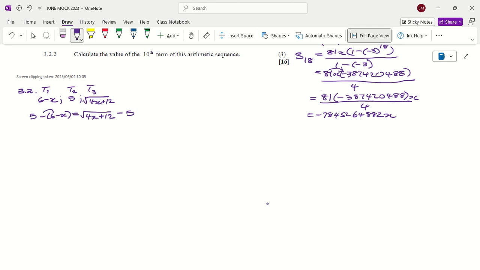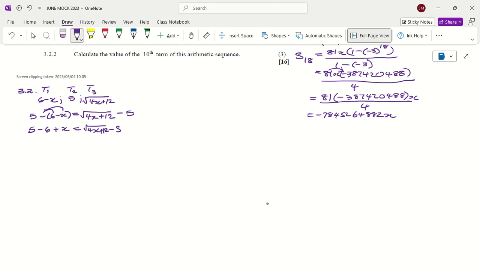Okay, over here we must distribute the negative, right? So this would be 5 minus 6 plus x, which is equal to root 4x plus 12 minus 5. Now, what is 5 minus 6?